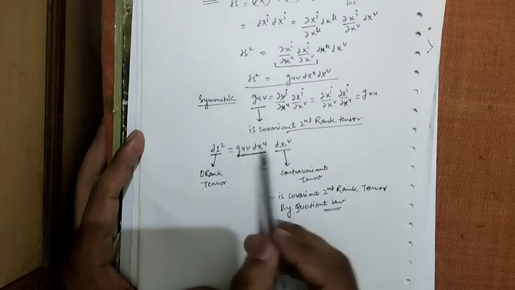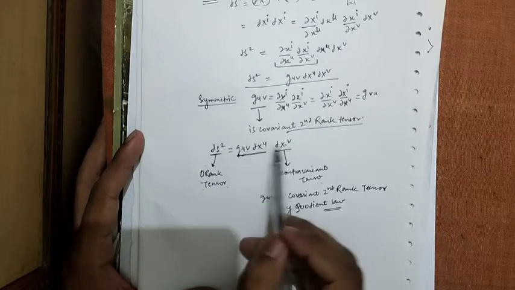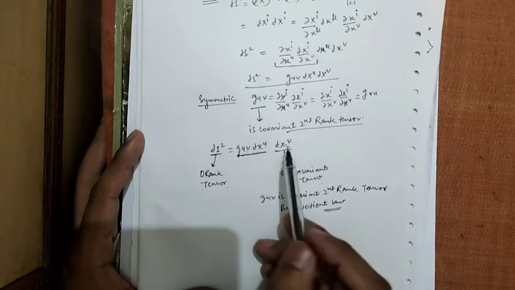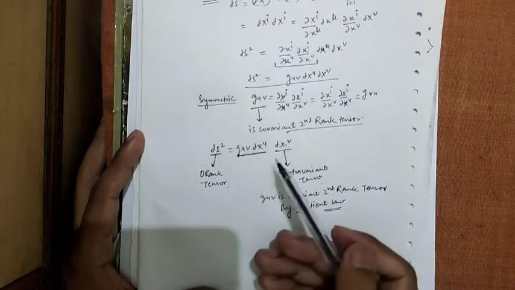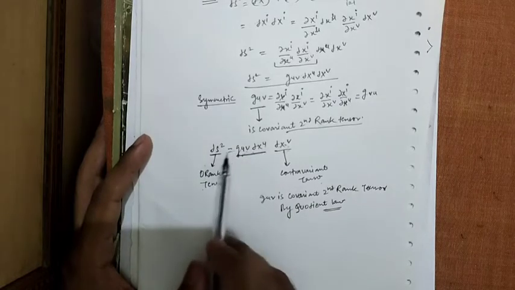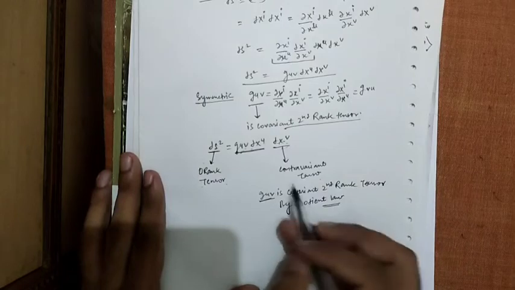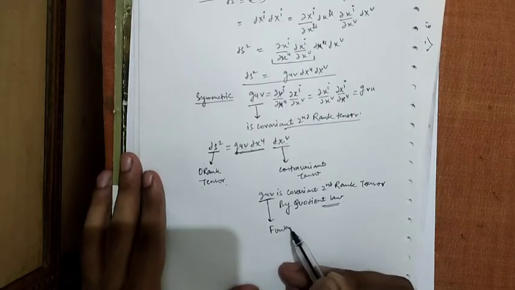As the product of two vectors, the dot product between them, is a scalar, and if these are vectors, then g_uv must be of second rank, which shows that this is a covariant second rank tensor. This tensor is also called the fundamental tensor.